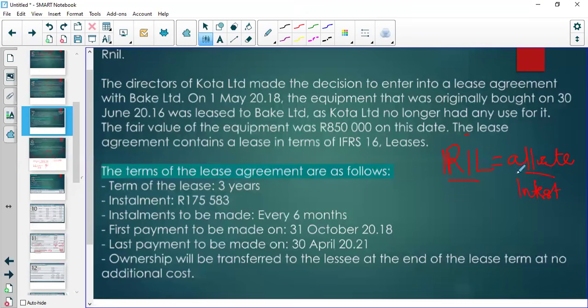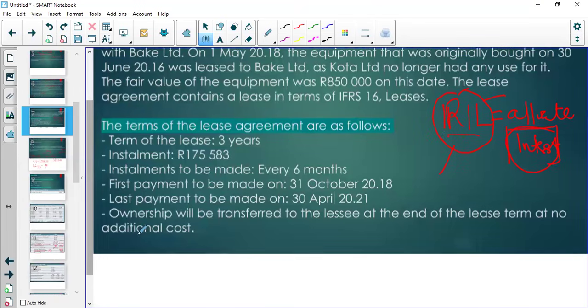For the lessor, we need to determine the interest income. For the lessee, it would be the interest payments that we need to determine using the interest rate implicit in the lease. So we need to calculate that so that we have an amortization table, which will tell us for each payment, how much should be allocated to finance income.